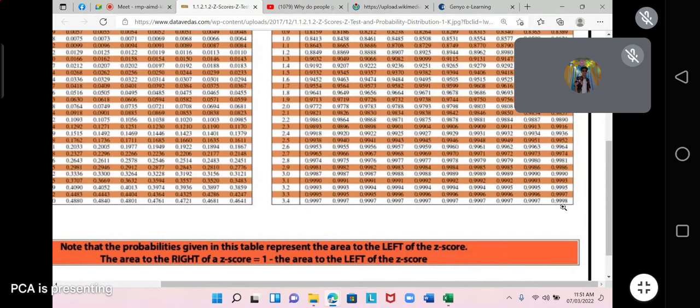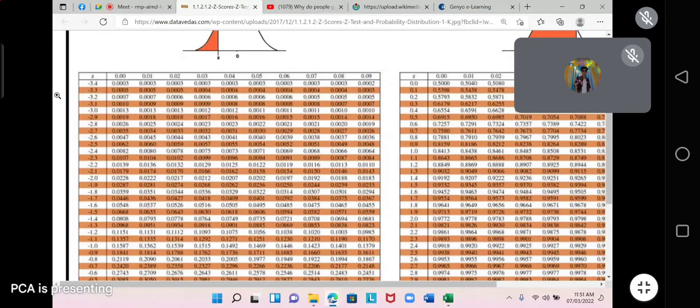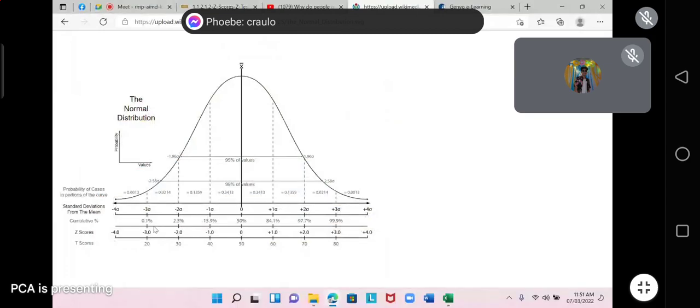It's equivalent to almost 1, and when you round it off, it's 100%. In here, it's 0%. From negative 3.49 z-score, it's 0.0002. Round it off, of course, it's 0. The representation is, again, the cumulative.